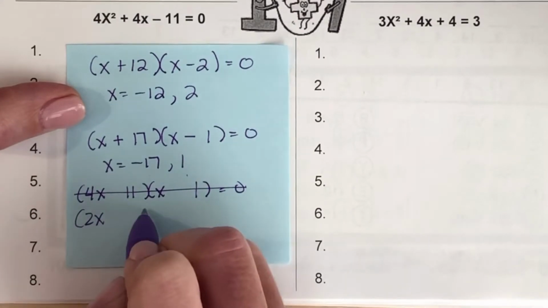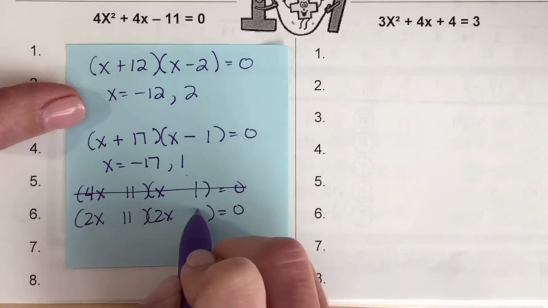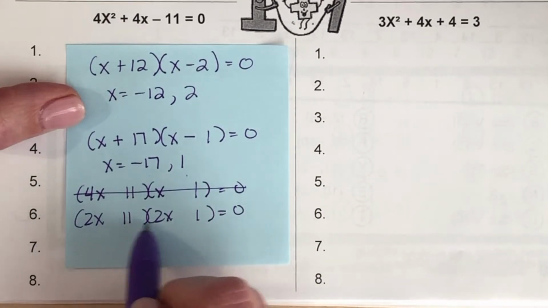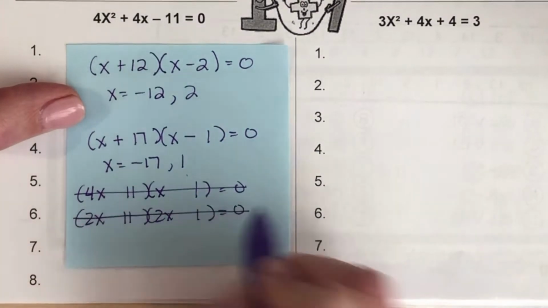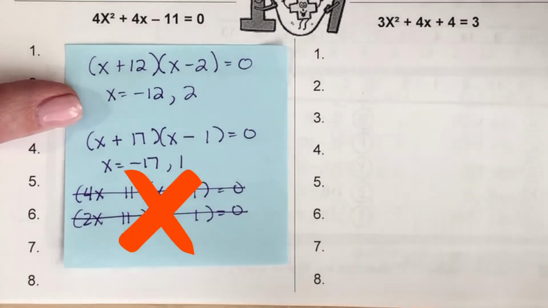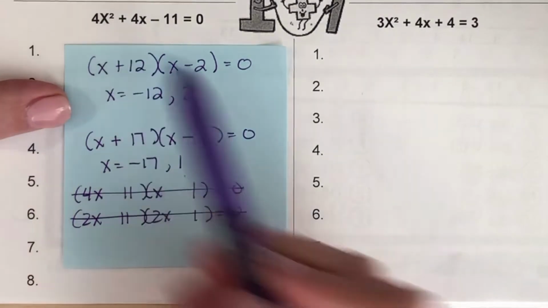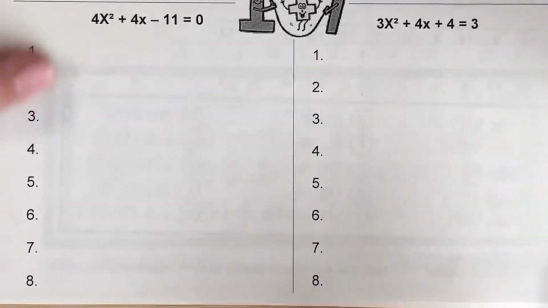I could do 2x and 2x, then it wouldn't matter where I put my 1 and 11, but I'm going to get 2 and 22, and that's not going to work to get 4. So I know that factoring this using just our basic method is not going to factor out nicely.